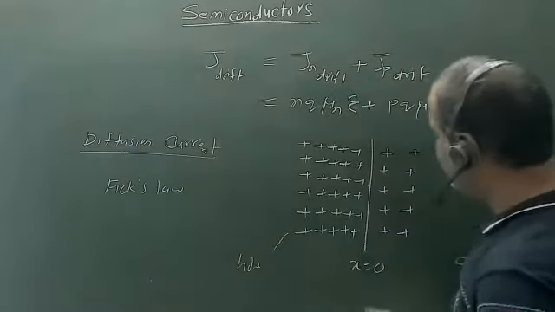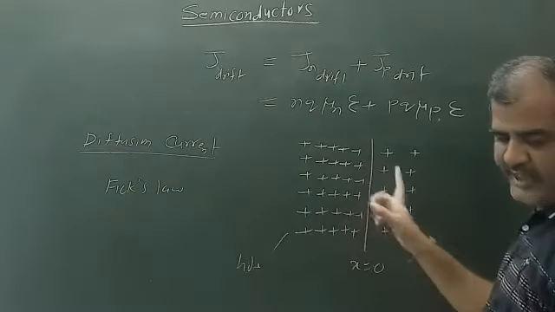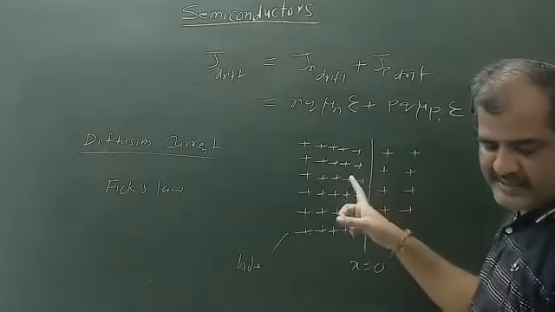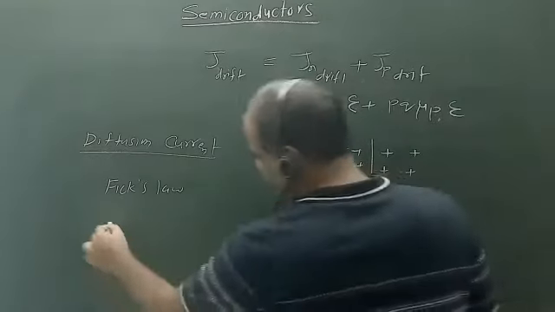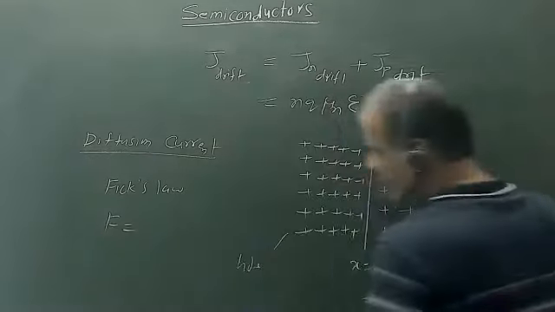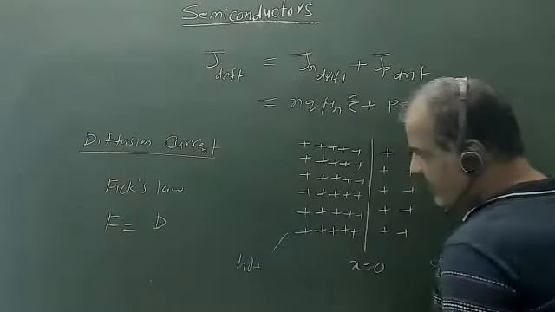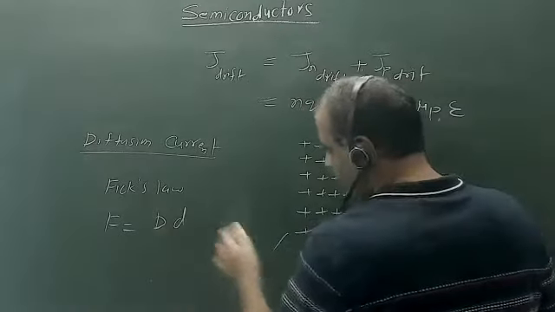Fick's law says whenever there is a concentration gradient, then there will be diffusion of particles. So here the particles are holes, so there will be a flux of particles, and that is given by the diffusion constant and the concentration gradient.